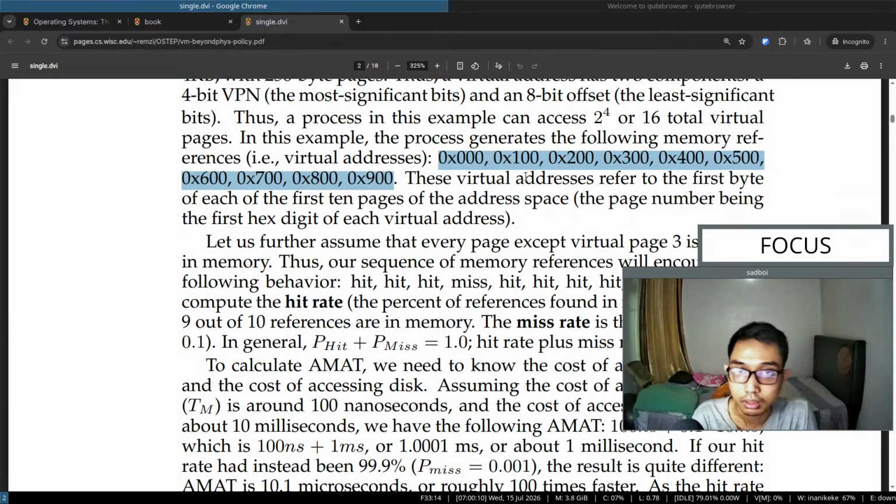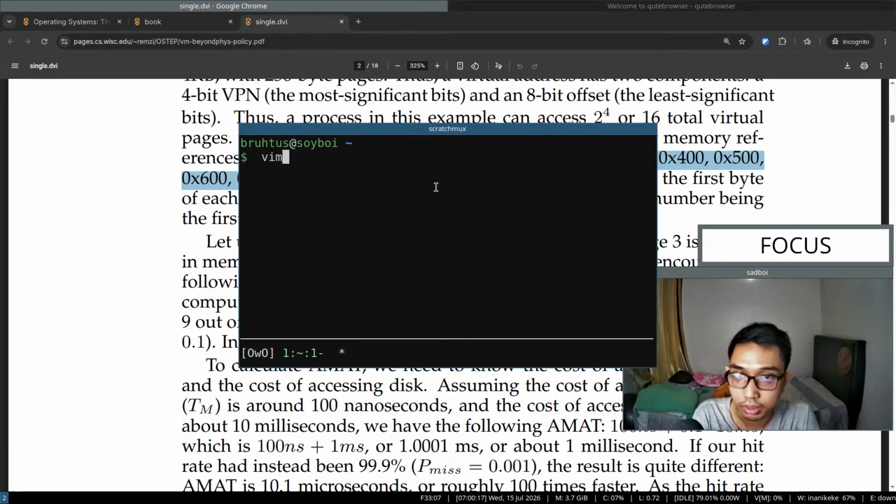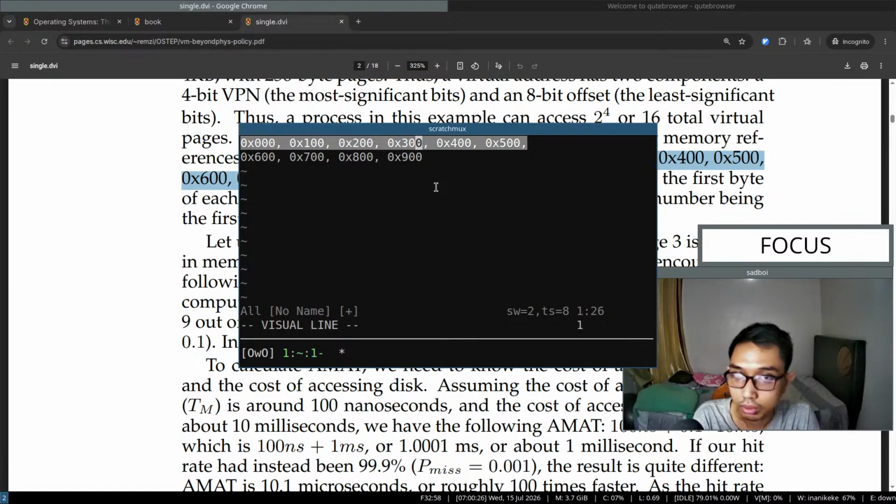Let me copy this. I'm not sure if I can do this. Let me try. Okay, no, not that one. Okay, and then maybe this one.